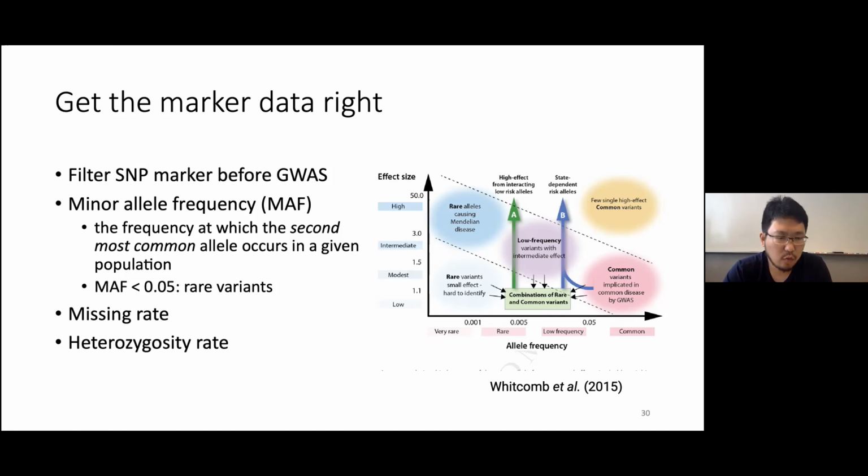You would also like to filter for the missing rate and the heterozygosity rate, because even if you're using inbred lines, there's still a phenomenon called heterozygosity residual. That means some parts of the genome are still heterozygous. Those can be removed or dealt with in other ways, but that's something to consider for your marker data.